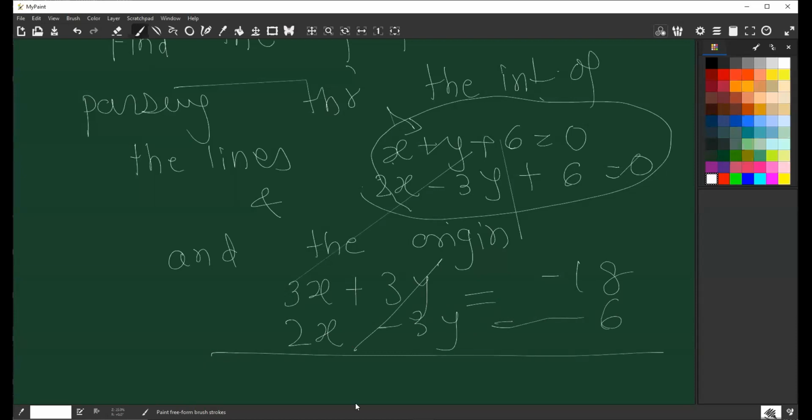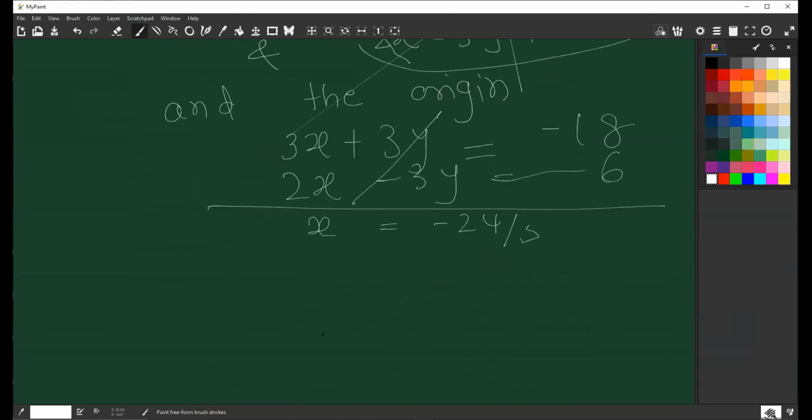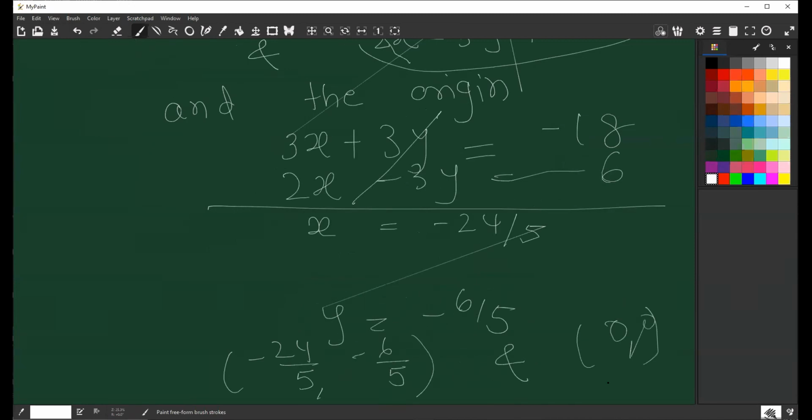So 5x is -24, so you get x as -24 by 5, which you substitute in any one of the equations, and you will get y, which is -6 by 5. So the point is -24 by 5 comma -6 by 5. And the other point is origin 0, 0.